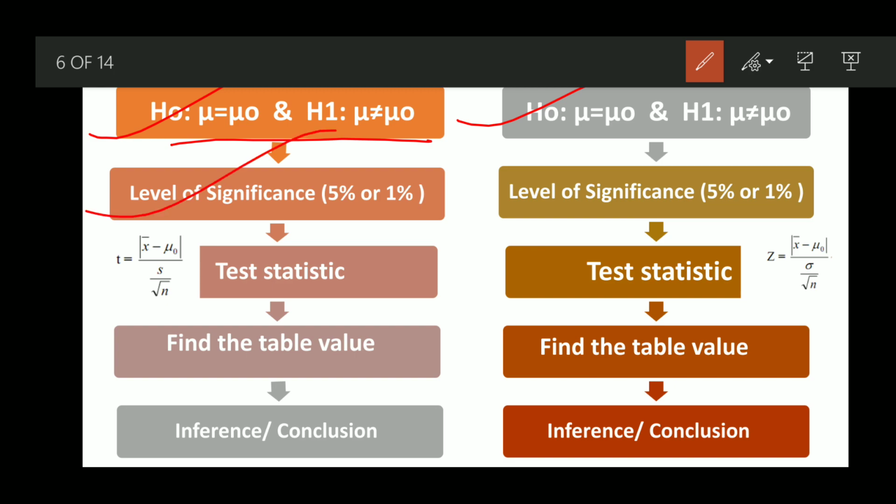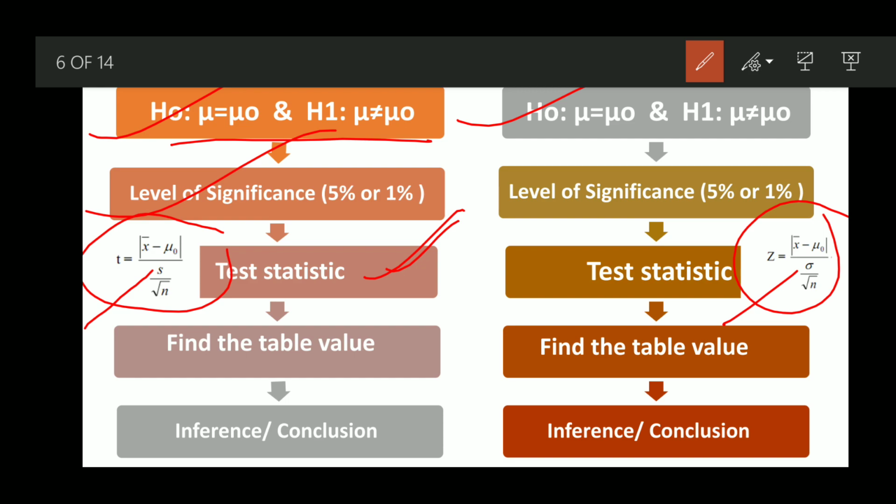Then you have to decide whether your level of significance is 5% or 1%. Okay, next is calculation of test statistic. Here you can notice that in T and Z test the only difference between these two statistics is S and sigma. Why?